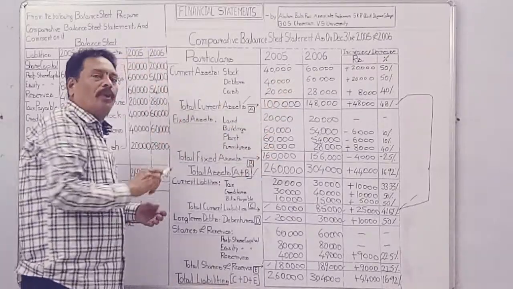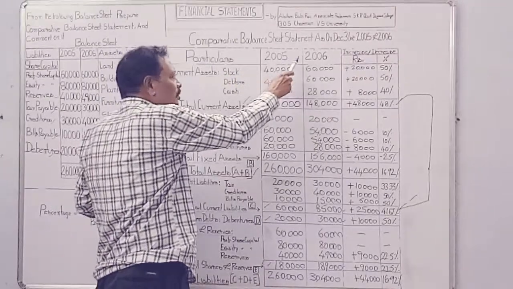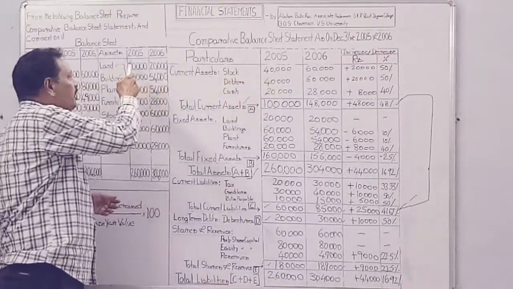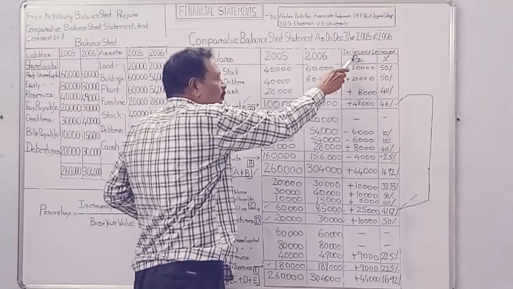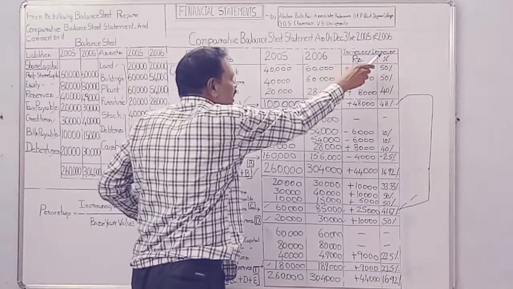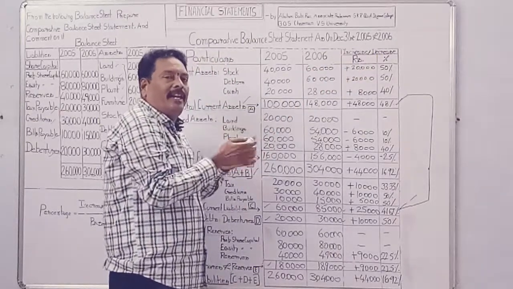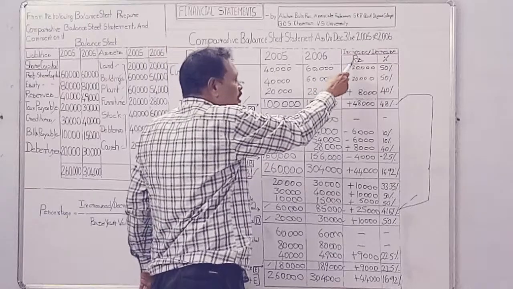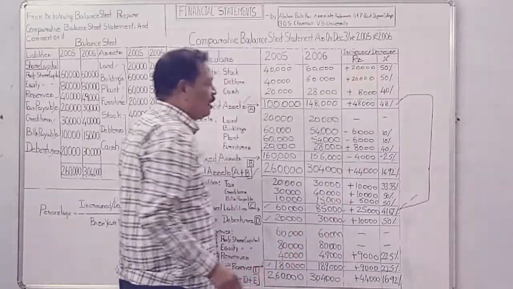is divided into 5 parts. Particulars, 2005, 2006, which are given in the balance sheet. And the 4th column, increase and decrease values, should be divided into 2 parts: in terms of rupees and in terms of percentages.